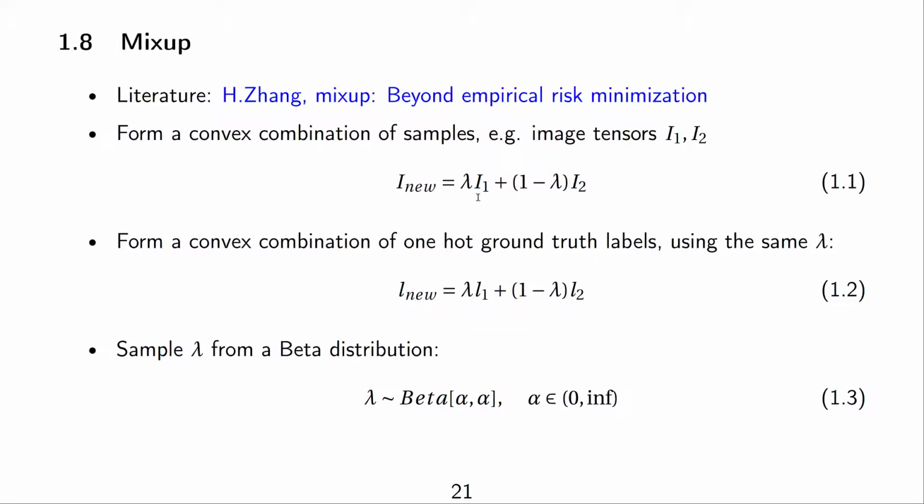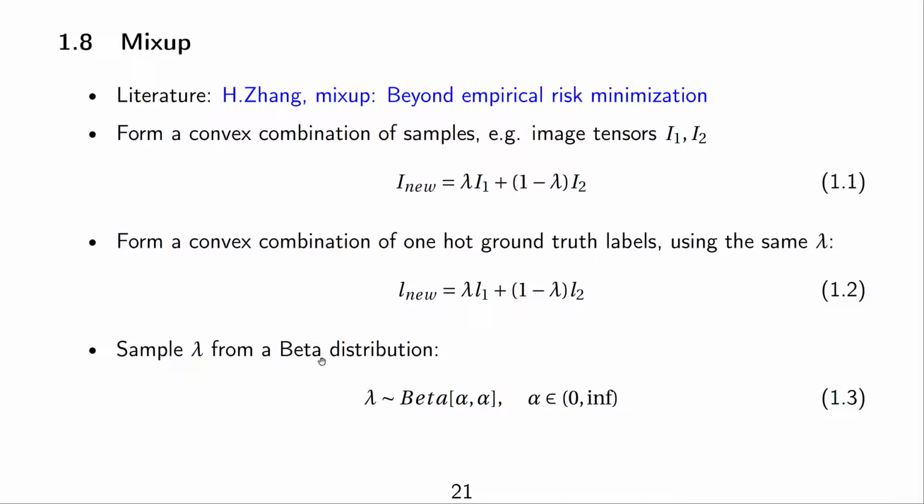So if image I1 is a cat and I2 is a ship, then maybe lambda is 0.3 times the cat and 0.7 times the ship. Then the labels, one hot encoded, would give the cat probability 0.3 and the ship 0.7.